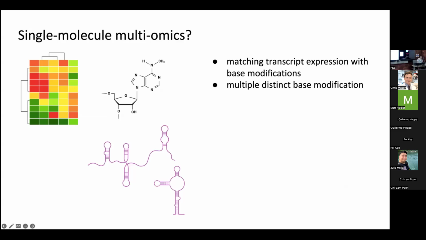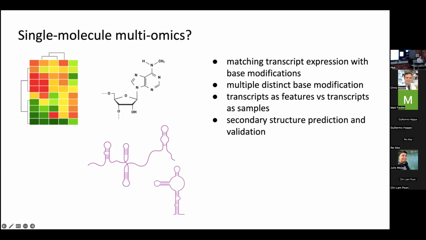We may hypothesize about how it would look. Essentially, we are meeting the same issue as we discussed with the single cell models. So we have completely distinct features and sample space. But this depends on the design of our experiment, right? So if we're using transcripts as features versus transcripts as samples, right?